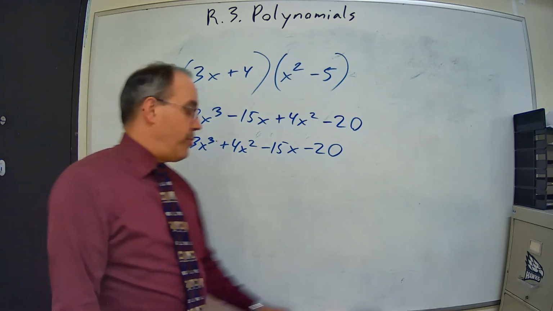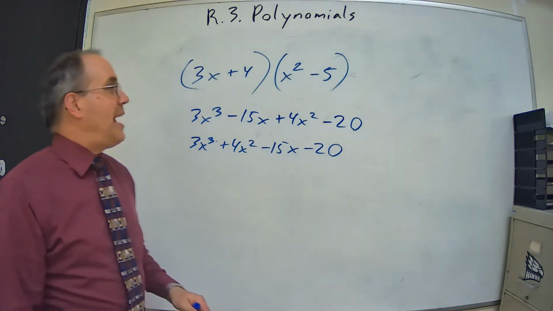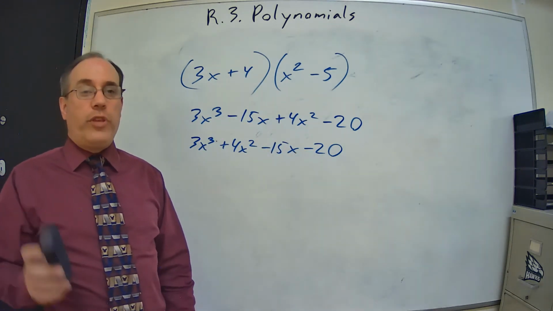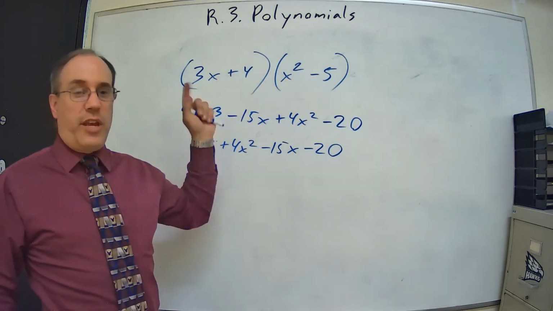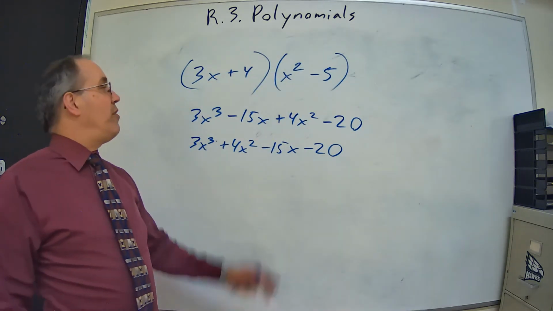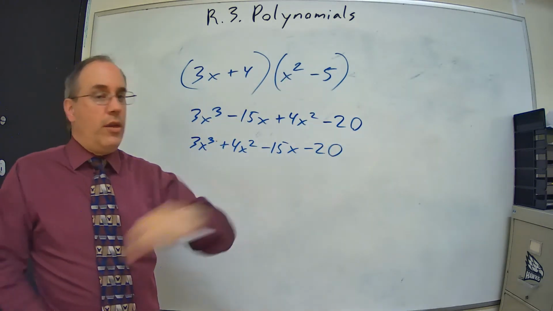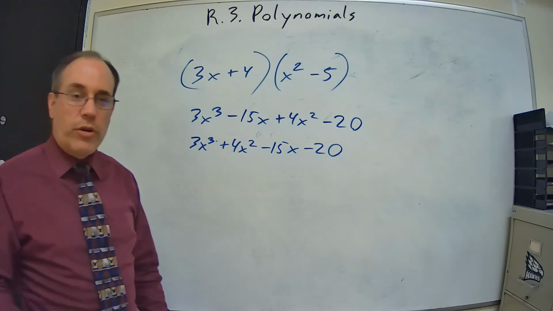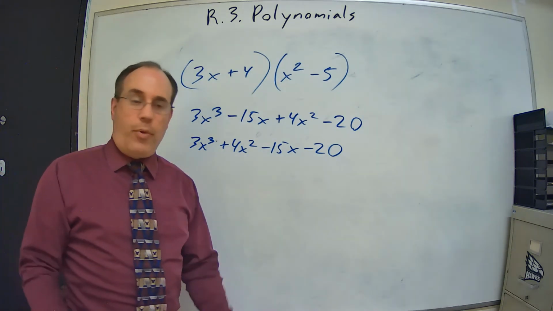There's another way that we can do this that will expand out to larger polynomials. Realize that FOIL only works for two binomials that are multiplied together. Binomial times a binomial, you can use FOIL. If you have a binomial and a trinomial, you can't use FOIL. So what's a method that would work if I had larger polynomials?